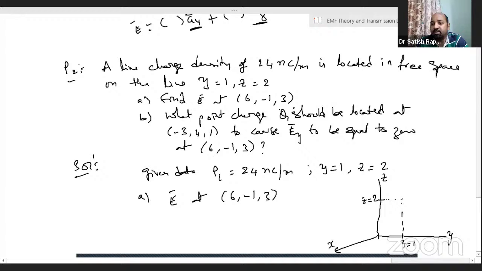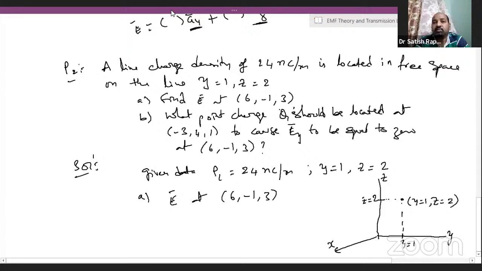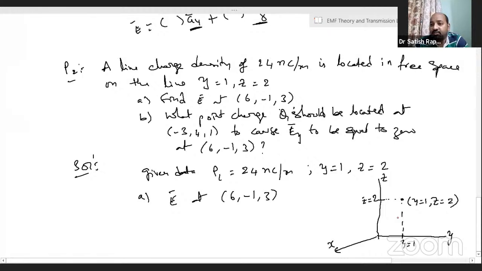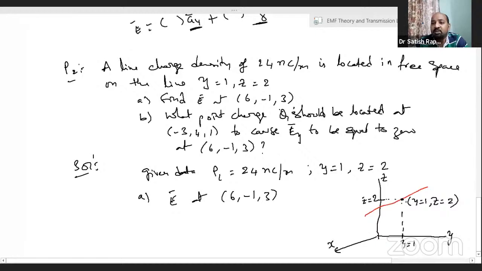So this is the point, y is equal to 1, z is equal to 2, and the line is passing through this point.